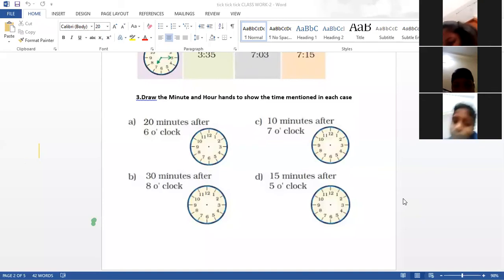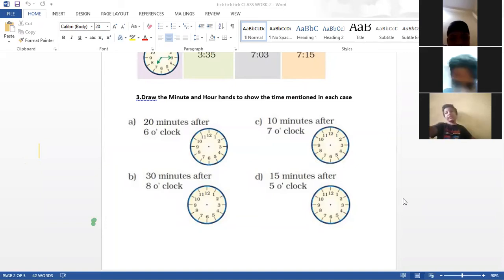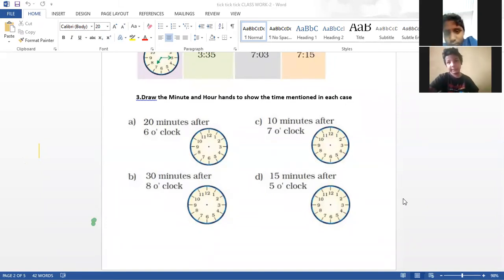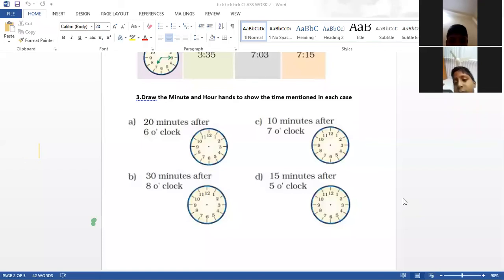Sir, the hand is on 8. 8:30. When it is 30 and above, the hour hand will not be at 8.